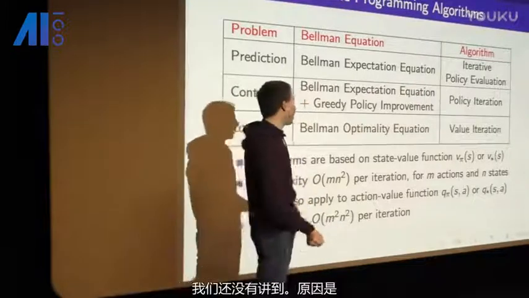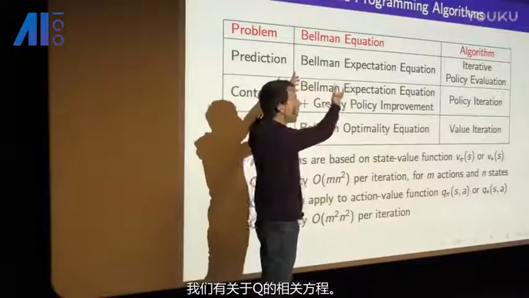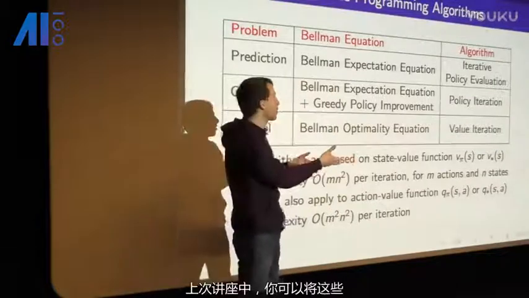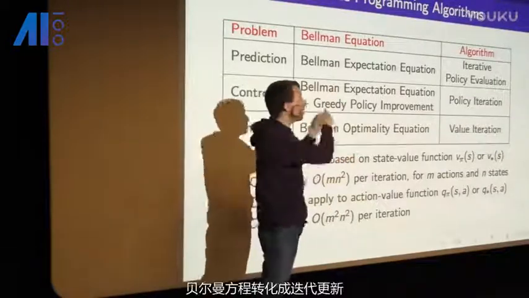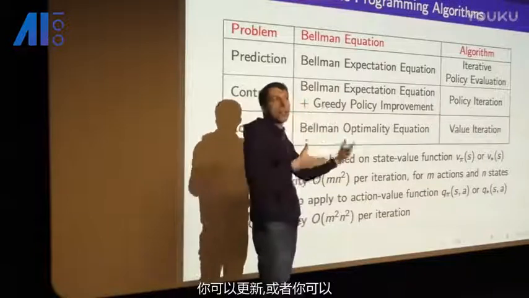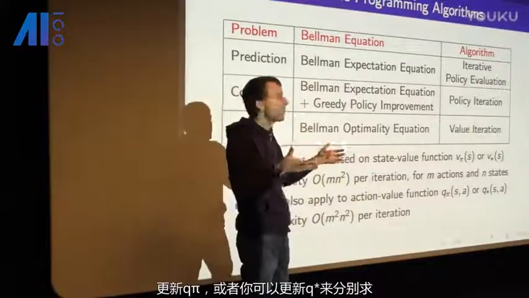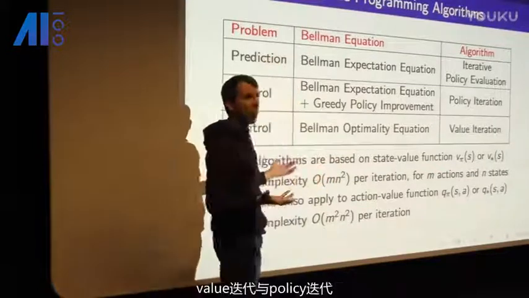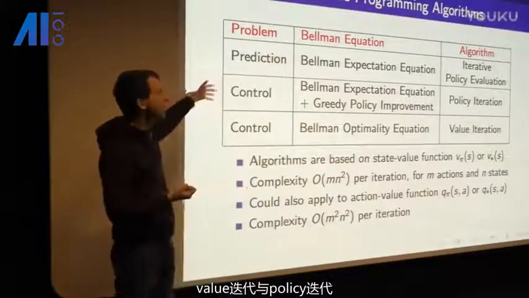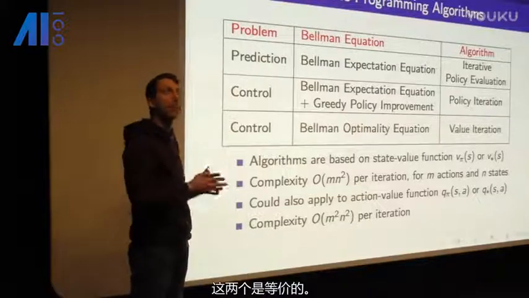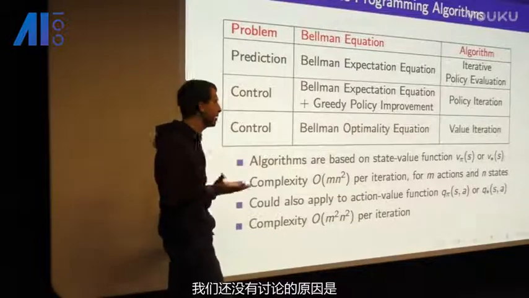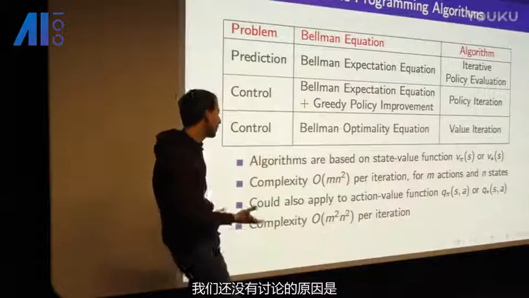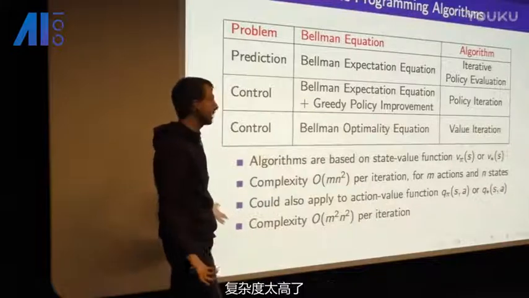But for now, we haven't been, and the reason is that there are Bellman equations for Q that we saw in the last lecture. You can turn those Bellman equations for Q into iterative updates, and you can update Q, or you can update Q pi or Q star to do prediction or control respectively in just the same way. So there's value iteration, policy iteration, and iterative policy evaluation methods for Q, which are equivalent to V. One reason we haven't discussed them is that they're high complexity.